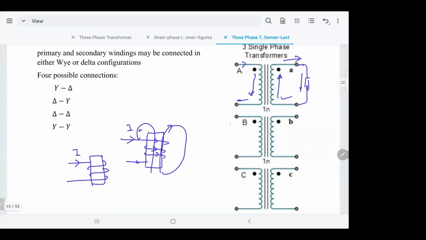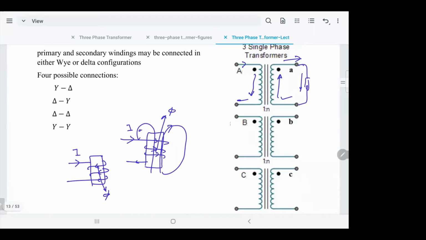Because if you make your thumb like that in your right hand with the direction of the current in the coil, your thumb will be the direction of the flux. The current here is in the same direction, but the winding is behind the core itself, so the coil current direction changed now. So the flux will be down, because it's connected to the secondary. They are linking the secondary winding.